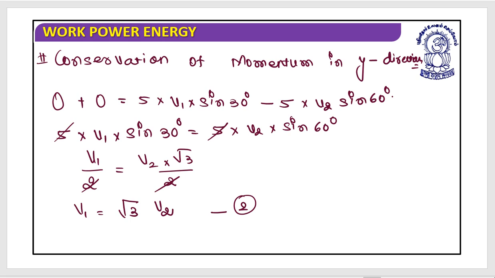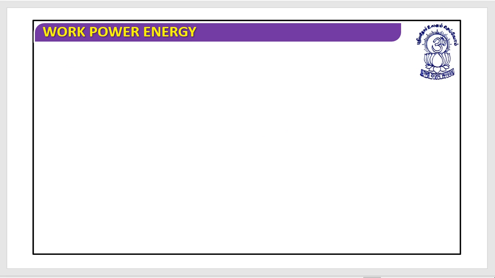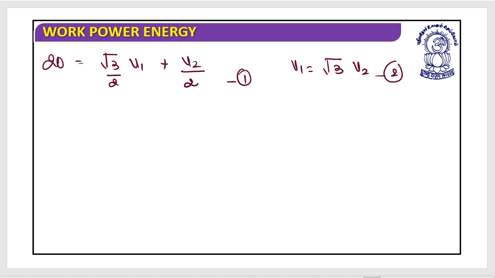My first equation was 20 equals root 3 by 2 v1 plus v2 by 2, and according to the second, v1 equals root 3 v2. So this was the first, this was the second. Let's put in the values and get it done.